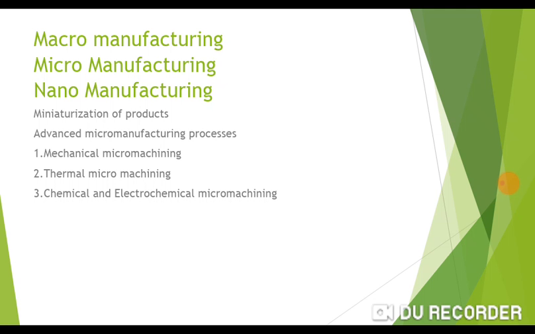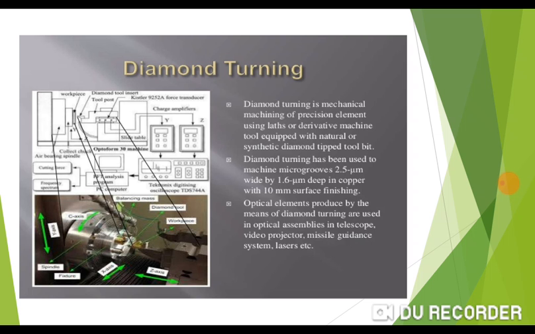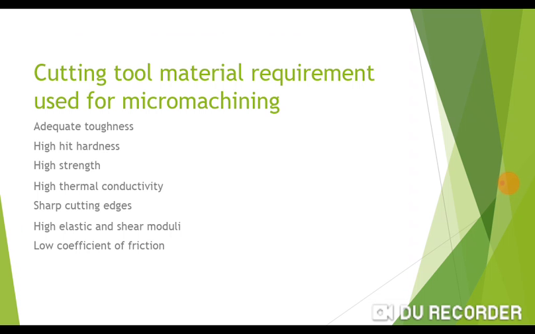Generally, diamond micro machining is used in optical and electronic industries to machine semiconductors, optical components, and some magnetic read write heads. In any micro machining process, the cutting tool material plays a very important role.